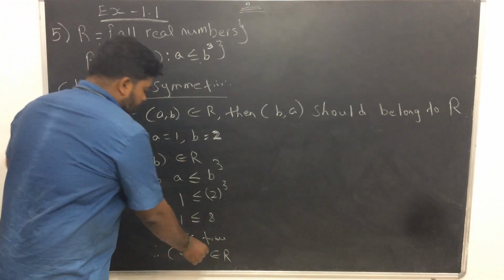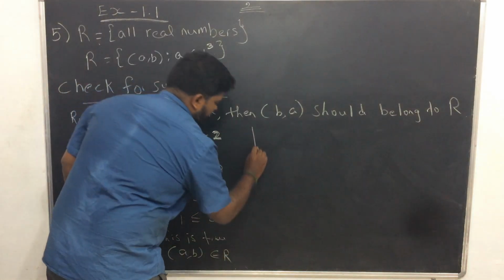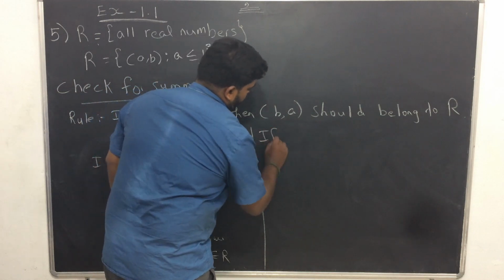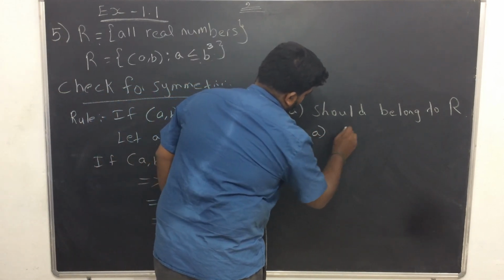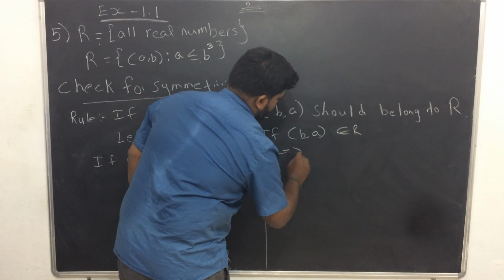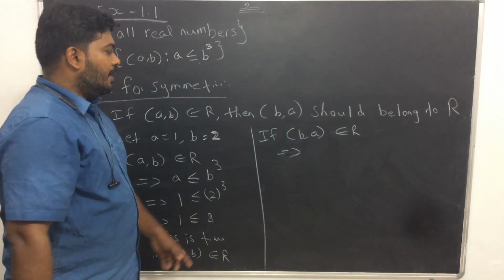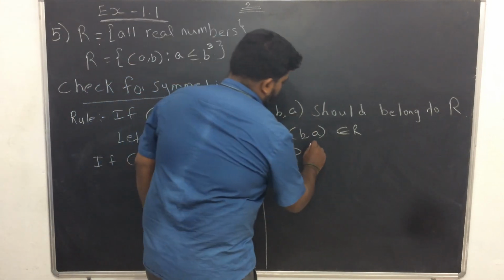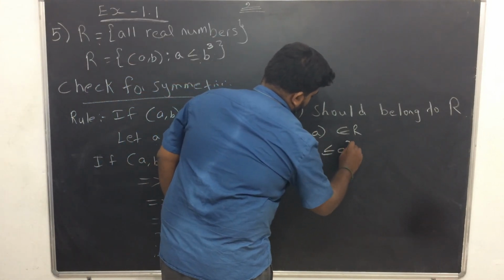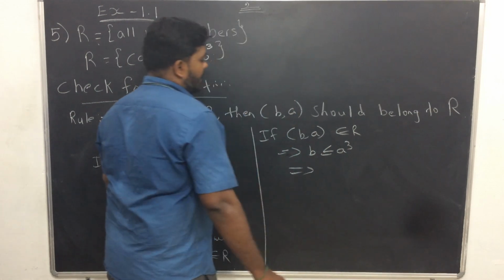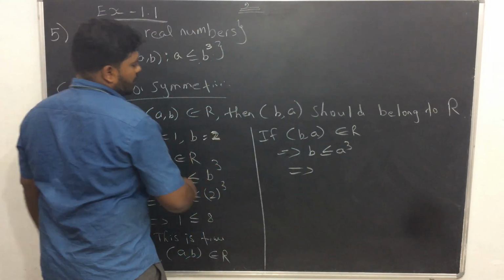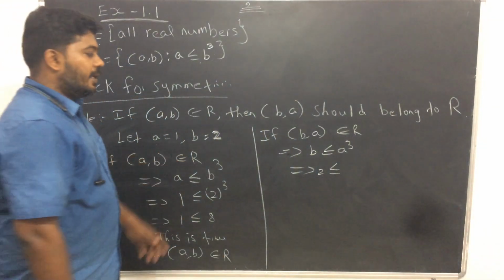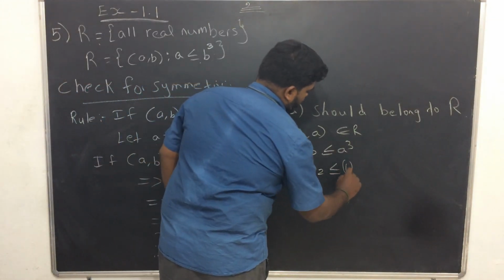Now, because (a, b) belongs to R, I am going to check for (b, a). If (b, a) belongs to R, it implies that b is less than or equal to a cube. Now b is 2, so 2 is less than or equal to a cube, and a is 1, so 1 the whole cube.